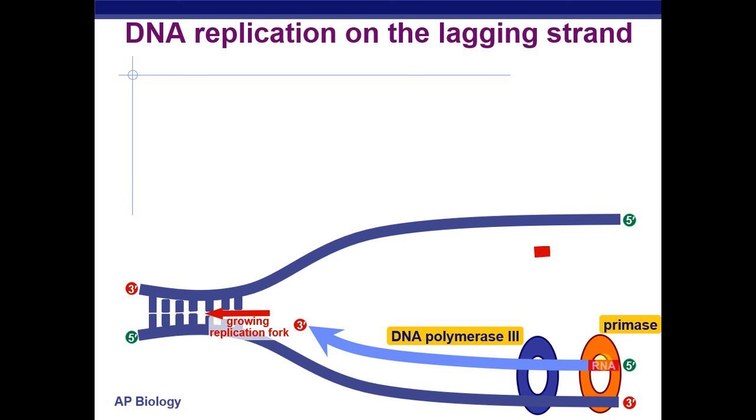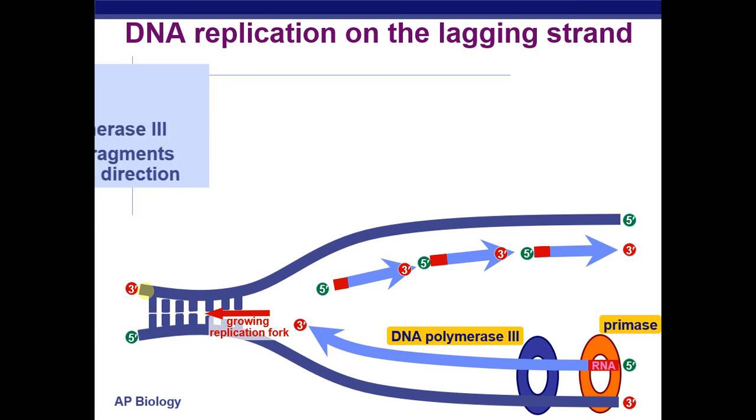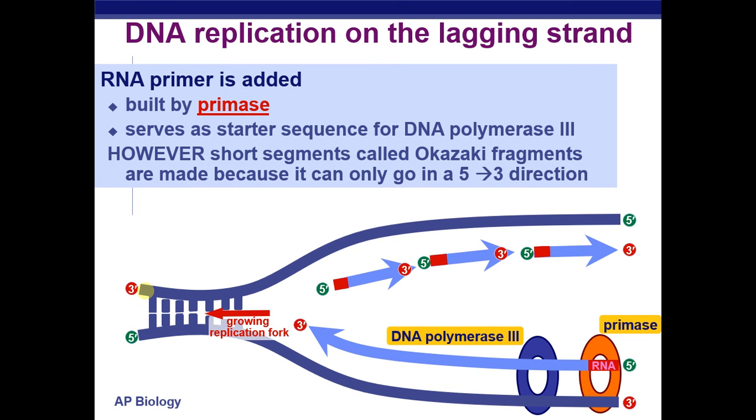On the lagging strand, though, primase has to pick an initial site to begin the synthesis, and polymerase 3 needs to work backwards from 5' to 3' away from the growing replication fork. And primase needs to continue to put new primers as more of the DNA is unzipped and unwound. And so we have this discontinuous synthesis like you see here in the picture.